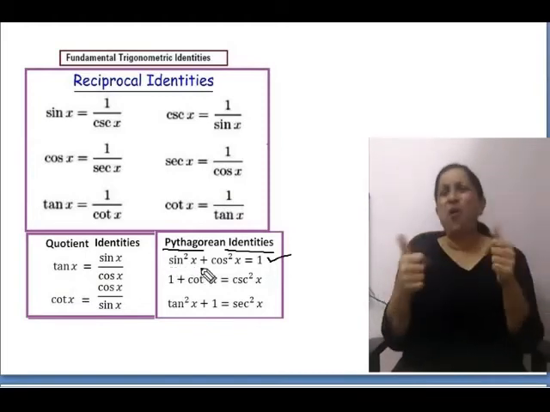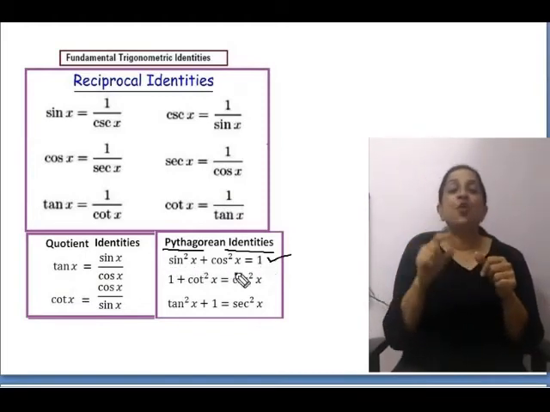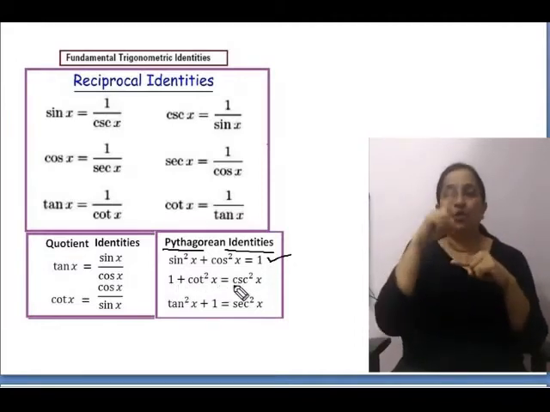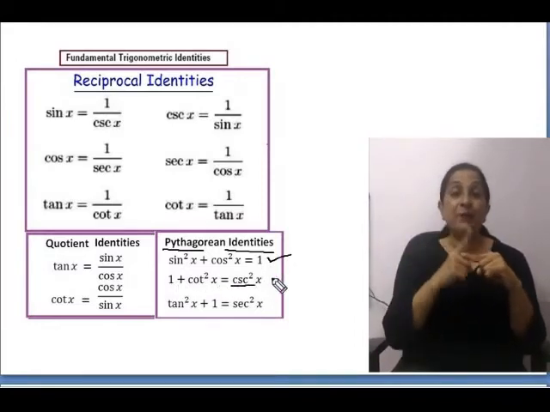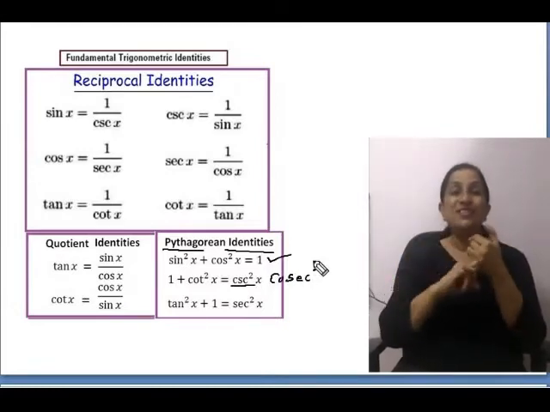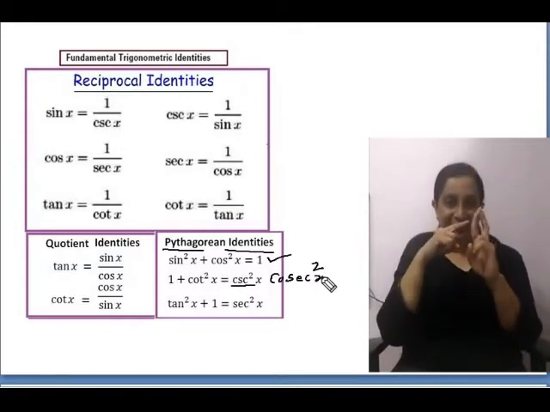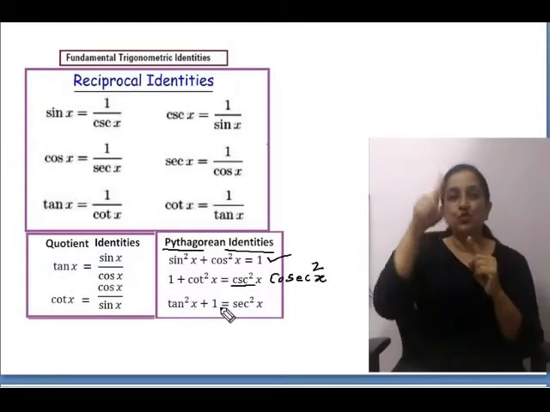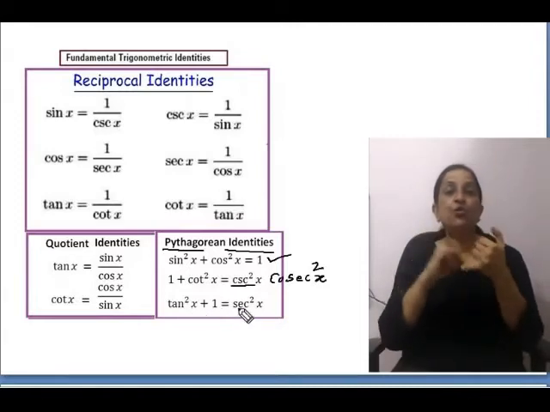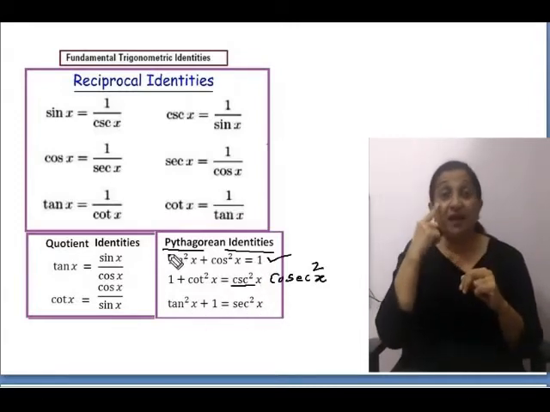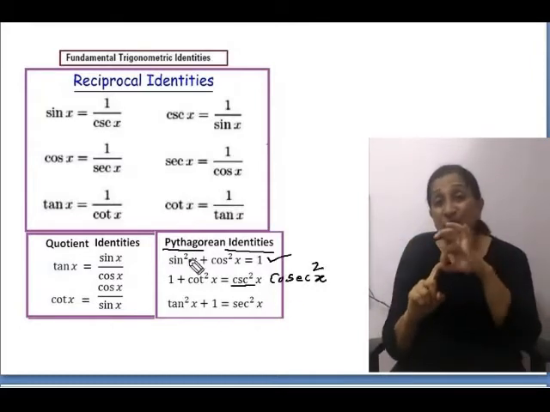Sin squared x plus cos squared x is equal to 1. 1 plus cot squared x is equal to cosec squared x. And then 1 plus tan squared x or theta is equal to sec squared theta.